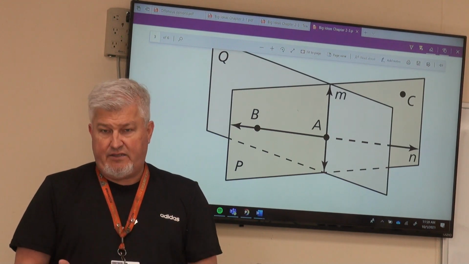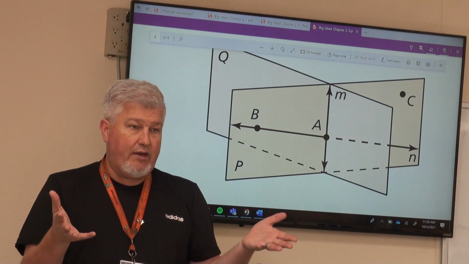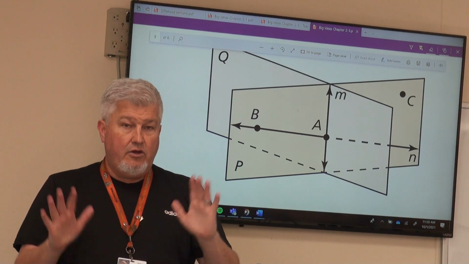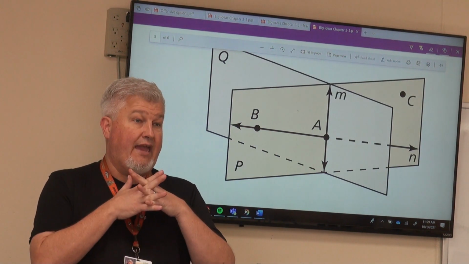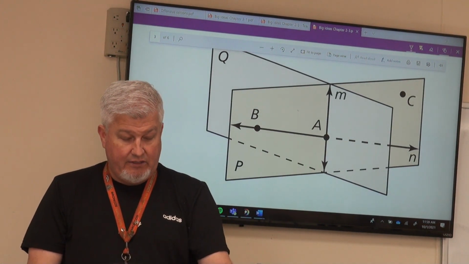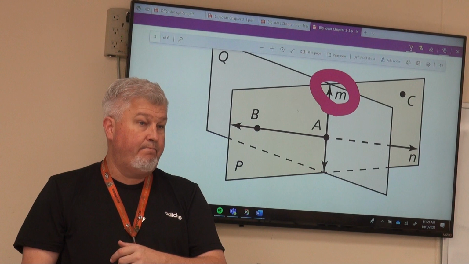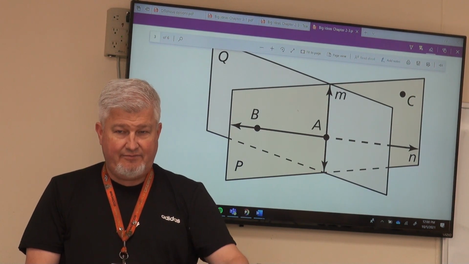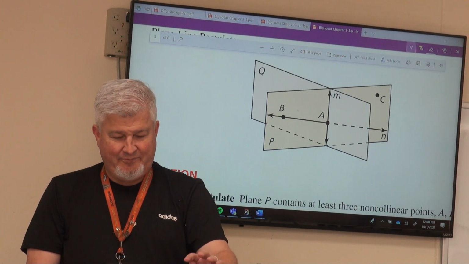They just can't all be on the same line. That is the plane point postulate. And then the plane line postulate states that where 2 planes cross, they form a line, and in this case, that line is called line M. That's all that is. Easy peasy, lemon squeezy.